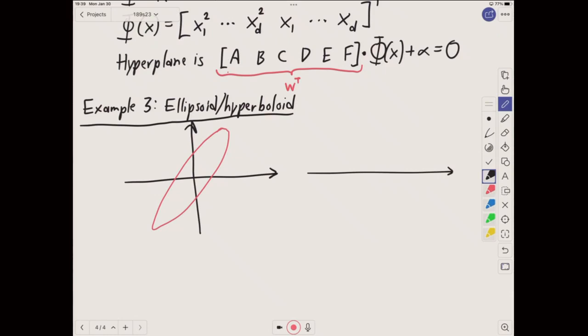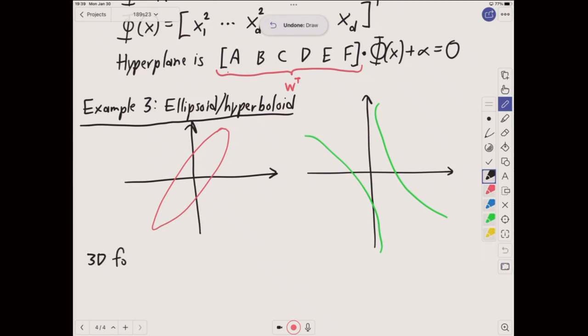And of course, hyperboloids can be the same way. Here's a hyperboloid that's not axis aligned. All right, what if I'd like to allow any ellipsoid or hyperboloid to be my decision boundary? Then, again, there is a general 3D formula for a general ellipsoid or a hyperboloid, and it's a lot like the formula I showed you for the previous example, except now you have to add all the cross terms.